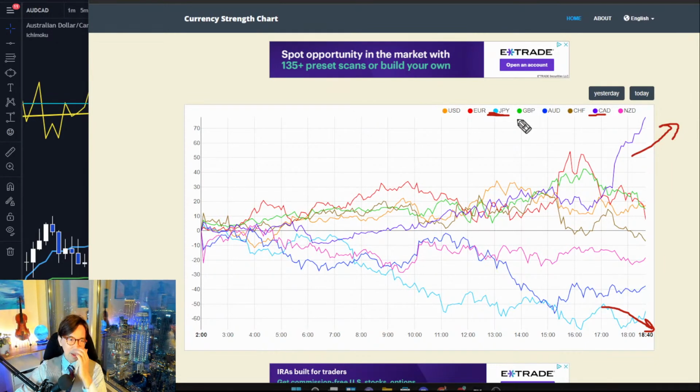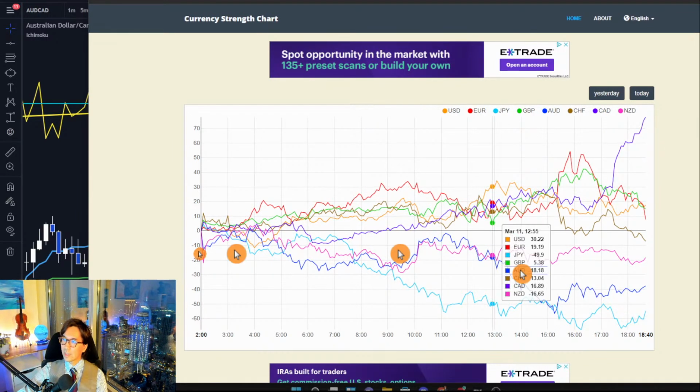And as a forex pair, if CAD is strong and JPY is weak, that means CAD-JPY is strongly bullish. So if you see a bullish trend by Ichimoku Kinko Hyo on CAD-JPY, then you can look for a buy chance.